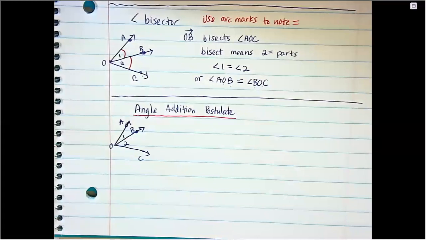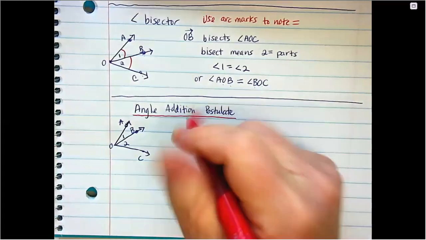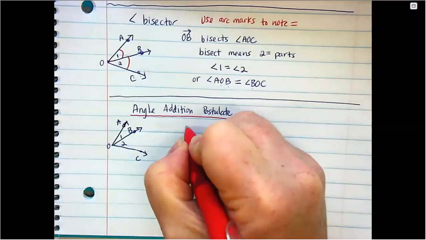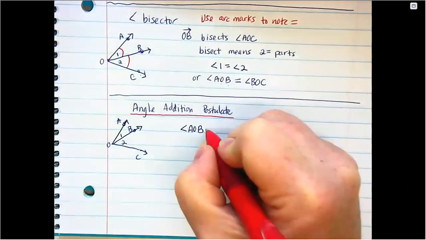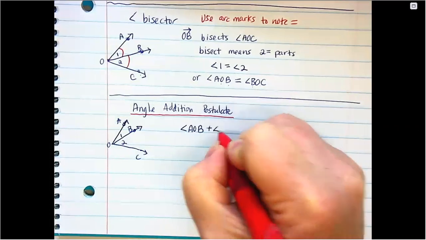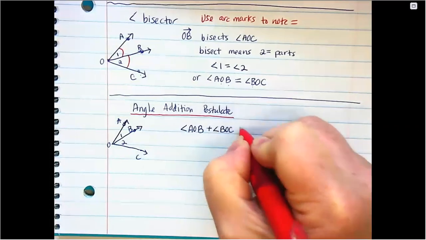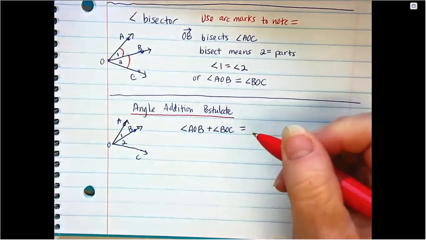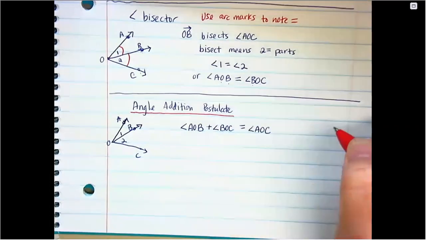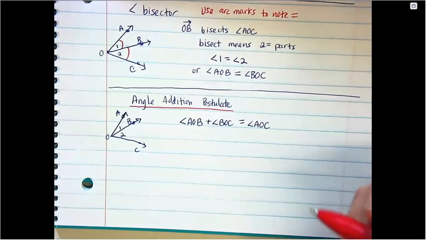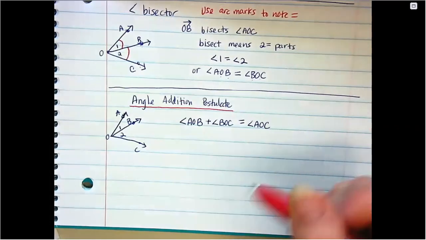So angle addition postulate. I'll wait for people to be done writing. Okay. Angle addition postulate says that the measure of angle AOB plus the measure of angle BOC is equal to the whole angle, the big angle, which is the measure of angle AOC, which, just like our segment addition, one part plus the other part equals the whole.